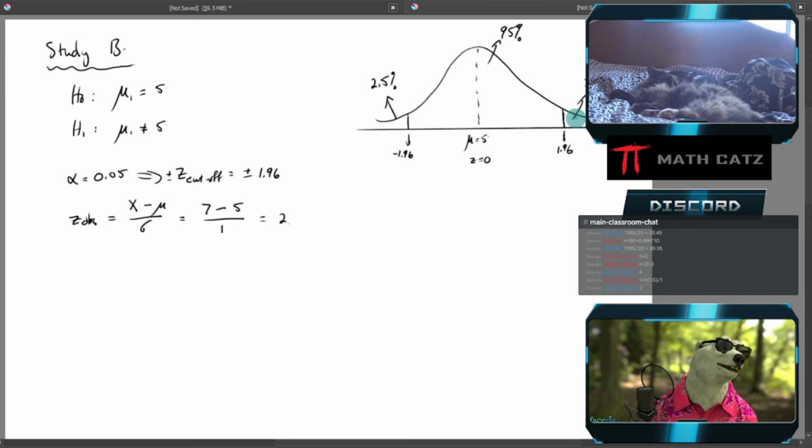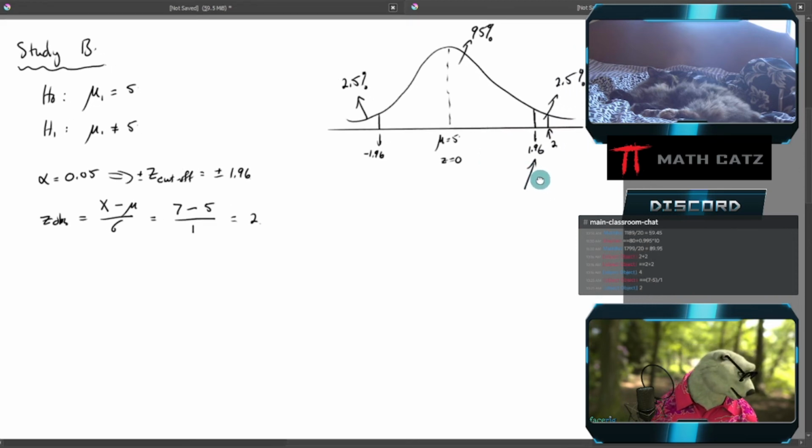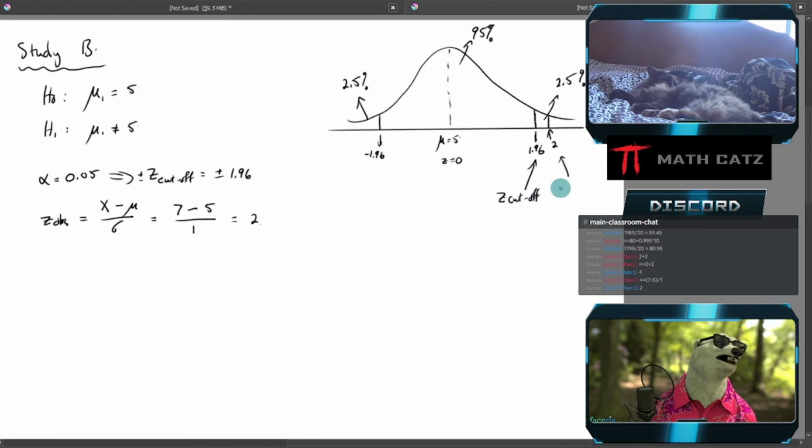In this case, the 2, let's zoom it in a little bit, will be over here. So this is my 2.5% in the tail. This 1.96 is my cutoff z-score.